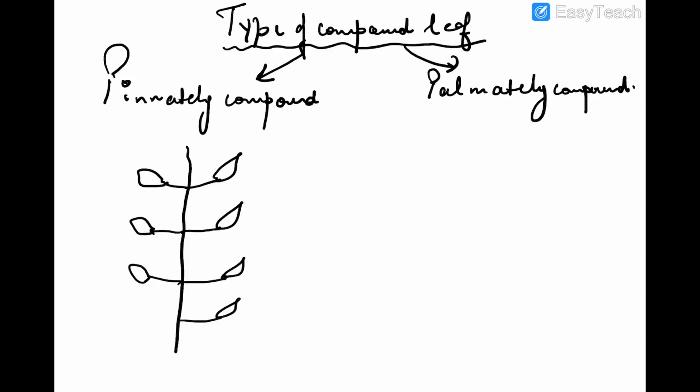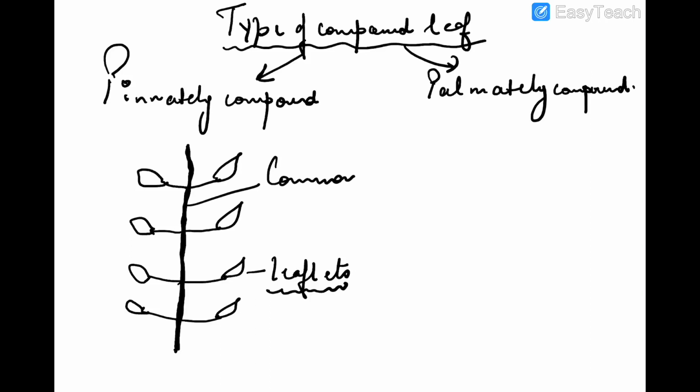In pinnately compound leaves, many leaflets, these are the leaflets, are present on the common rachis which represents the midrib. This line which I am drawing in the dark is the common midrib or called the rachis, and on this common midrib or rachis are present many leaflets.